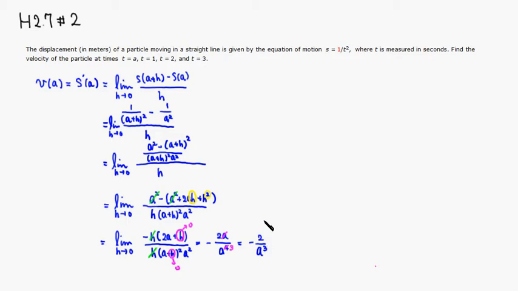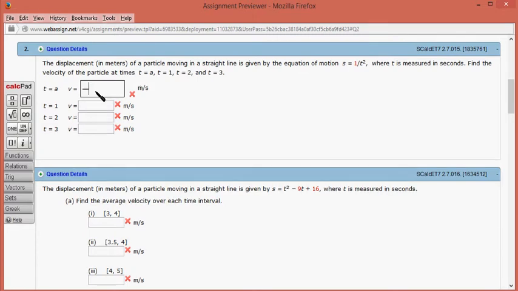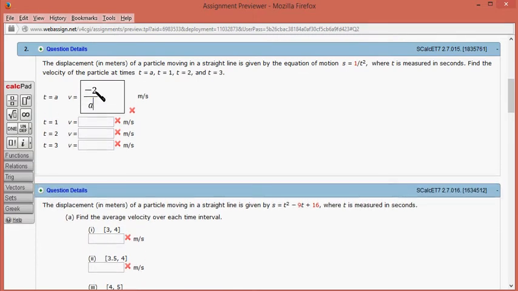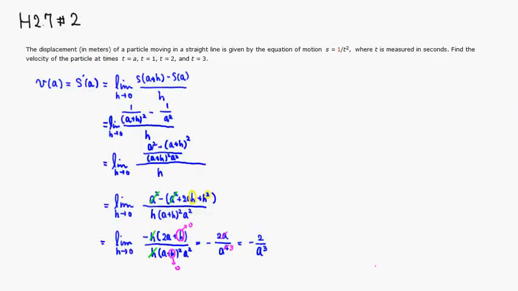Alright, so let's type that in. This is negative 2 over a cubed. Then the other ones are pretty easy because all you have to do is put 1, 2, and 3 instead of a.